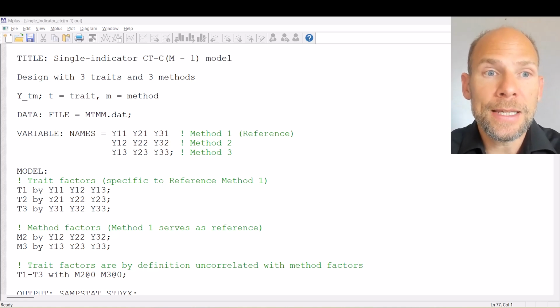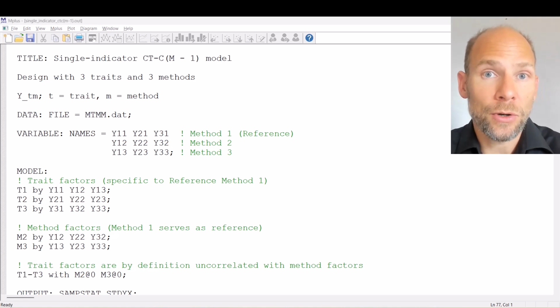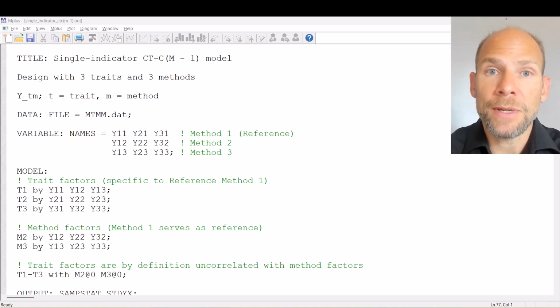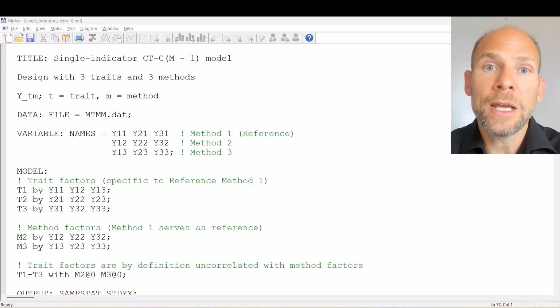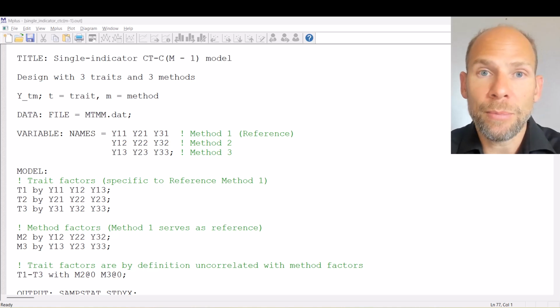You can see here that I'm dealing with a single indicator CTCM-1 model where I have a design with 3 traits or constructs and 3 methods. The traits could be, for example, anxiety, extraversion, and happiness, and the 3 methods could be self-report, parent report, and peer report.